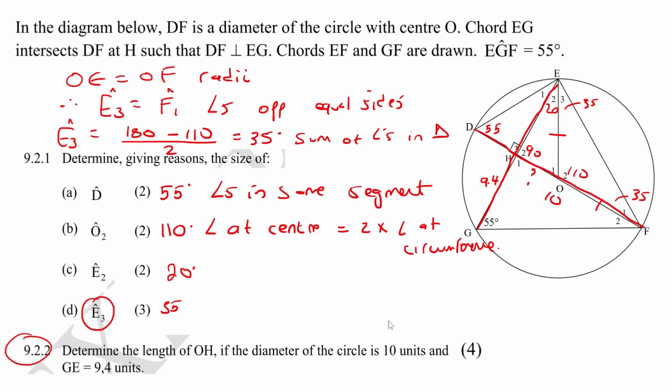This one. Okay, so I was looking at this and thinking maybe we could do some Pythagoras, but then I just realized we've got a 90-degree triangle down here, right? If I just redraw that triangle, let's just do this. So we've got a 90-degree triangle with, okay, we don't technically know what this length is, but it's going to be exactly half of that.